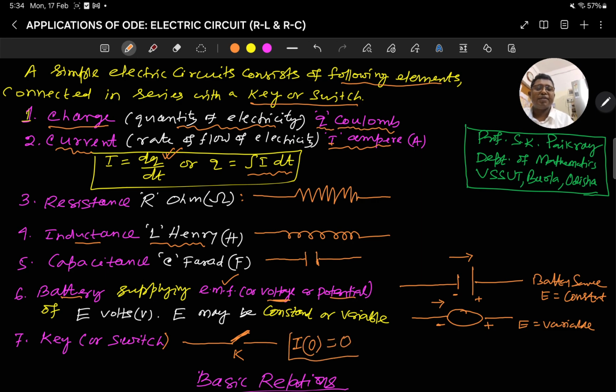It can be treated as an initial condition. So we may have a variable source or a constant source, and accordingly we will discuss the RL and RC circuit.